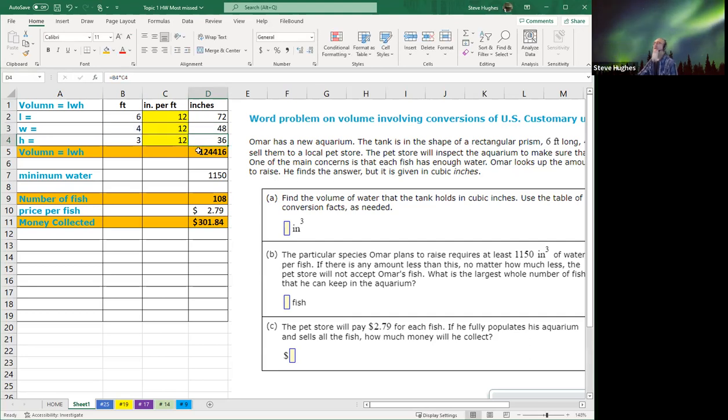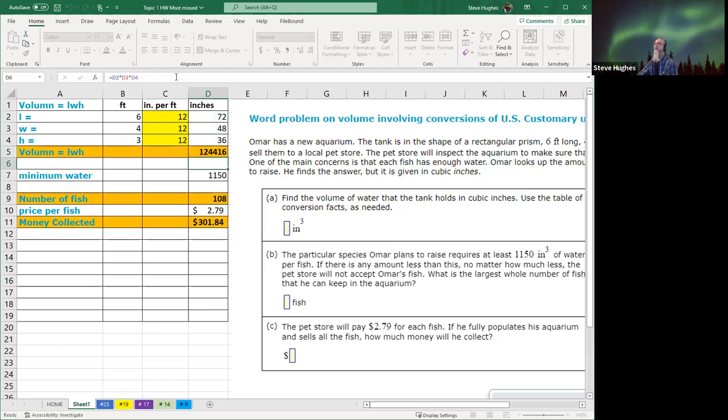Again, it is 3 times 12, which is B4 times C4. Now the formula is length times width times height, so I just multiply those three together: 72 times 48 times 36. Notice that I'm using the cells, not the numbers, so I can come back and change them later.